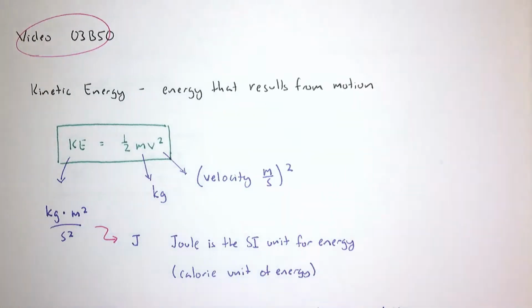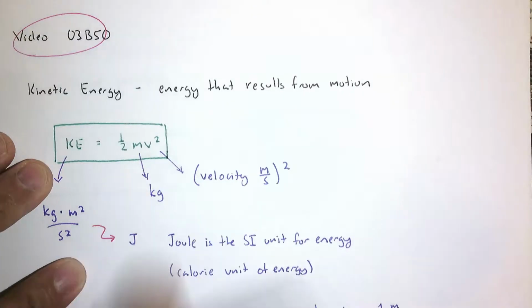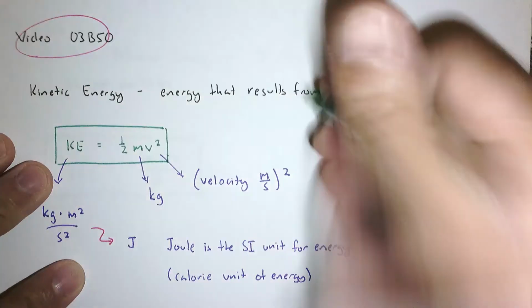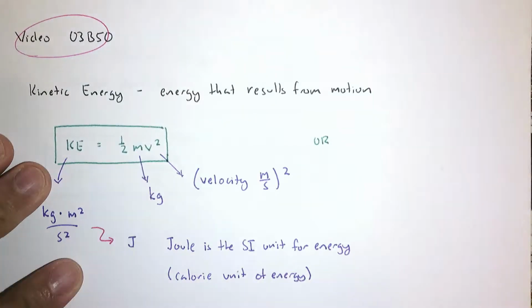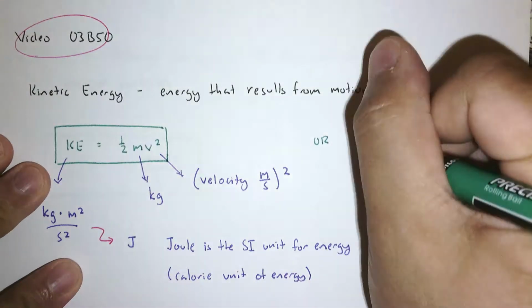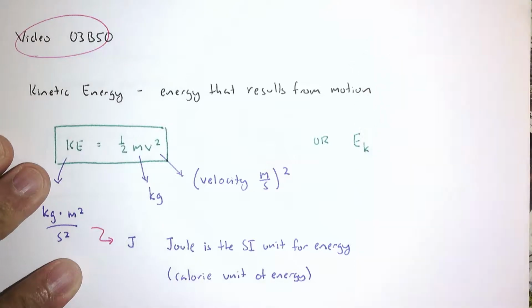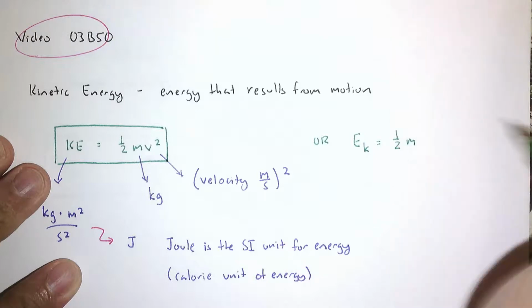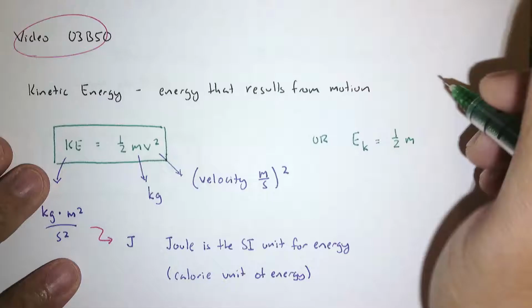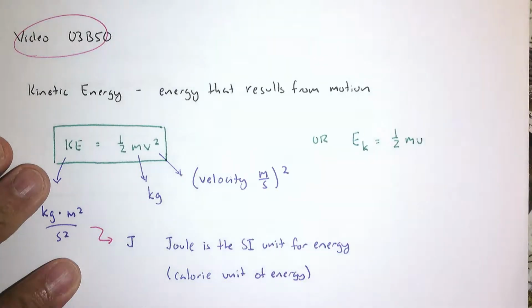I forgot to give you one thing about this equation. There are some textbooks that change the symbols a little bit. Some textbooks I've seen use kinetic energy equals 1/2 m, and then instead of a v, they use the Greek letter mu, so that's a u.